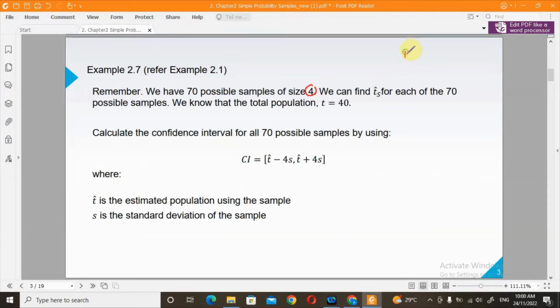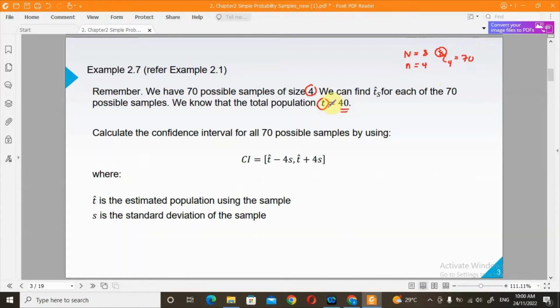So our N here is 8 and our sample is 4. So 8 combination 4 gives 70 possible samples, and we know that the population total for the 8 respondents is 40. So our population total is 40.